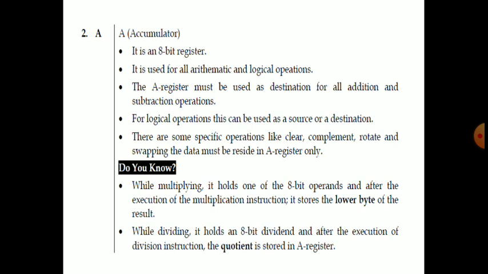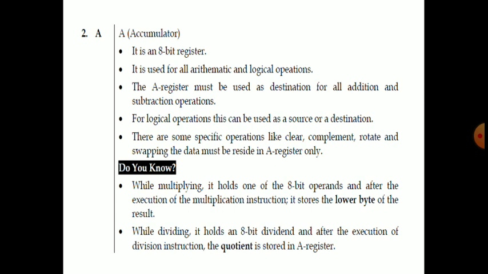So the operand previously stored in the accumulator before execution of the instruction will be replaced by this result, and that operand will be gone. Like that, for every arithmetic and logical operation, the final result will be stored in this accumulator.